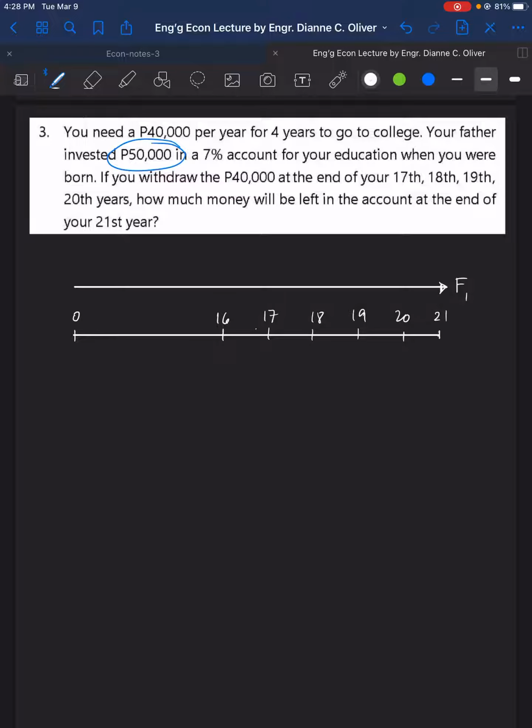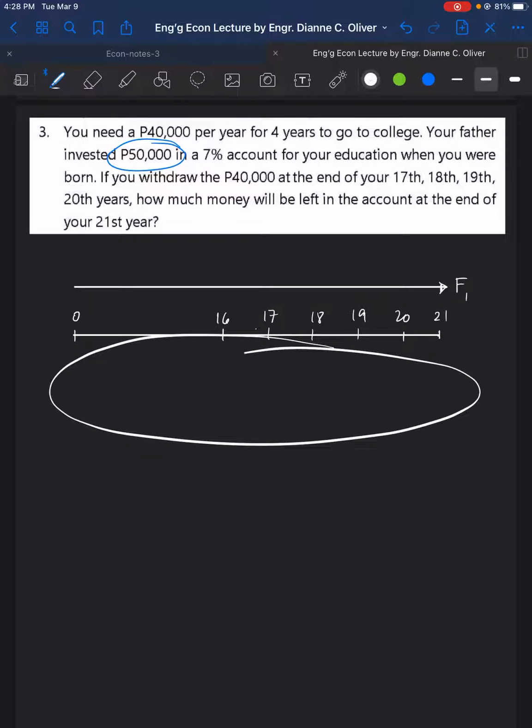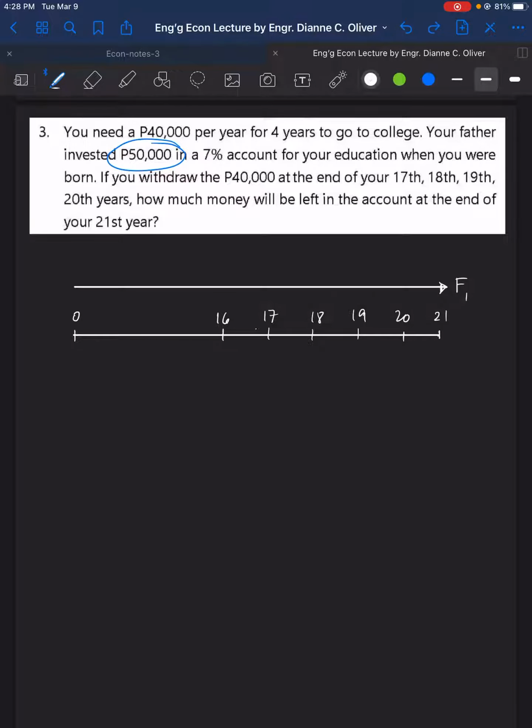Then at the negative part here, let's consider that as the cash outflow, wherein you are withdrawing money at your 17th year, at your 18th year, 19th, 20th year. All these are 40K, 40K, 40K. So A here is 40K.